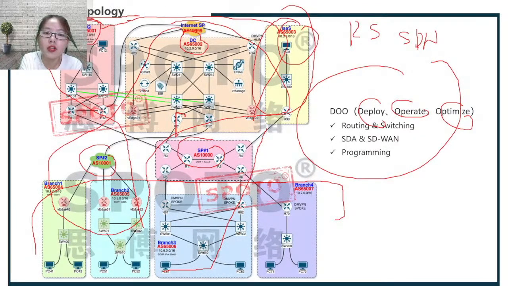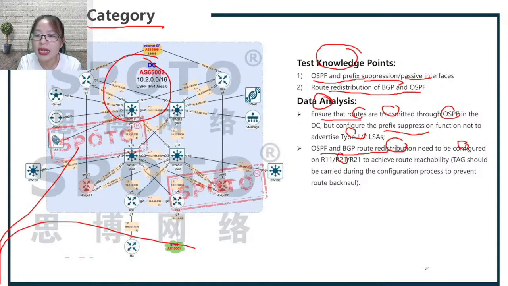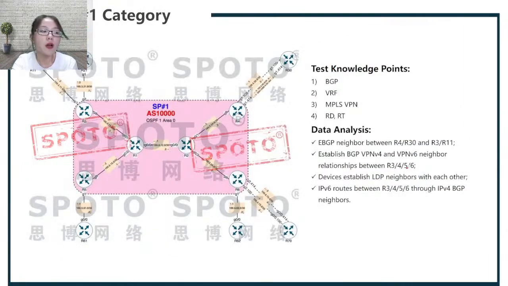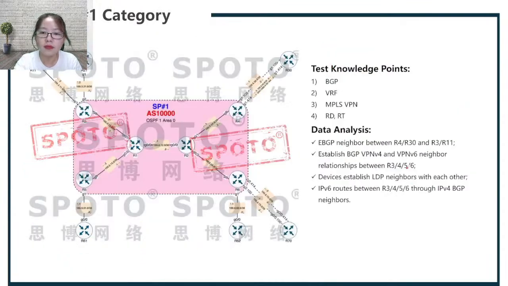You should configure OSPF and BGP redistribution on 21, 22, and router 11 to achieve route reachability, and the tasks should be clear during the configuration process to prevent route backhaul. This part is very important.